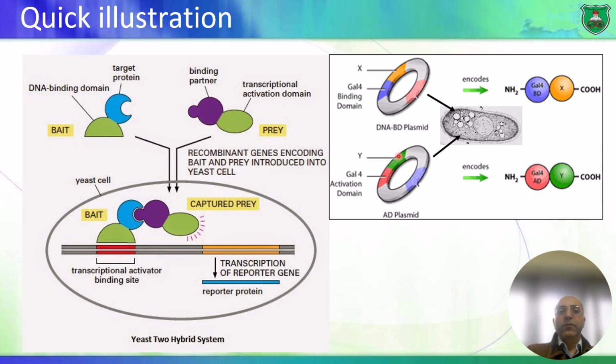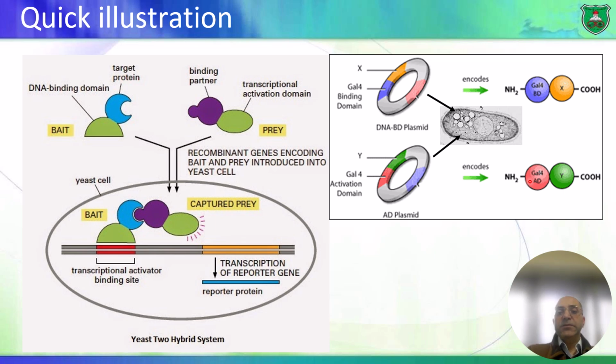And we have plasmid 2. This second plasmid contains the gene for protein Y, and it's produced as a recombinant protein along with the GAL4 activation domain. So we're going to have protein Y with the activation domain of GAL4.